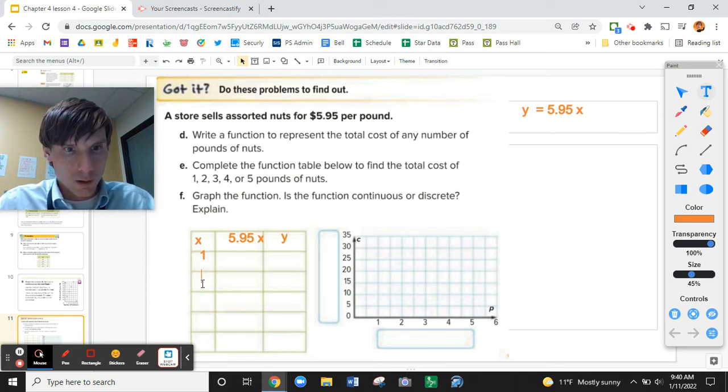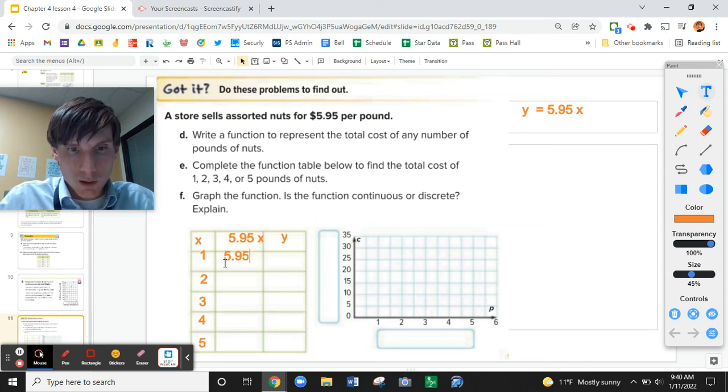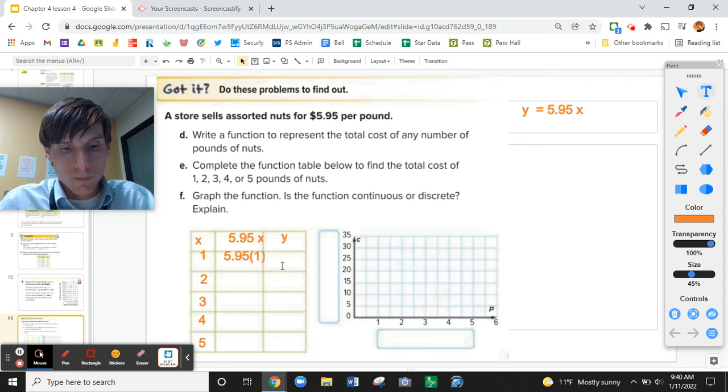1, 2, 3, 4, and 5. Okay, so just plugging it into the equation, we would just write 5.95 times 1, which is 5.95. Again, as I've said throughout this unit, make sure you have a calculator.